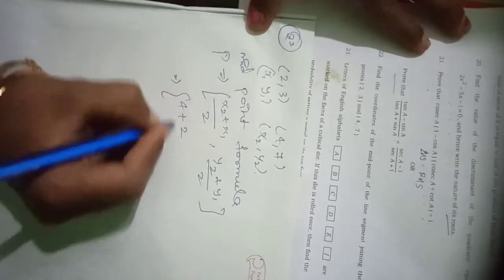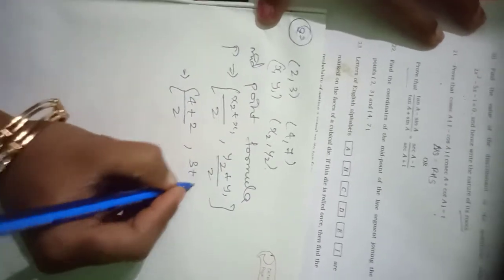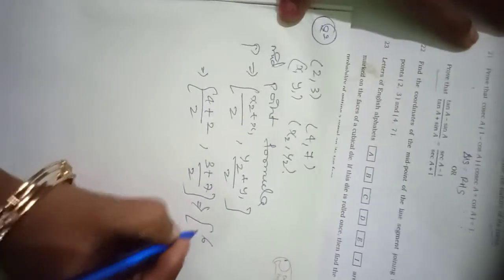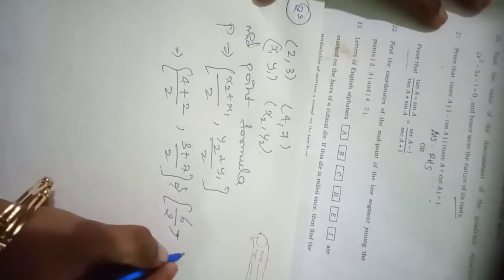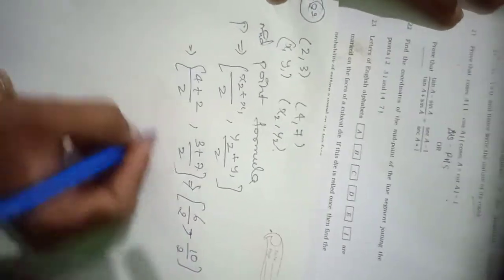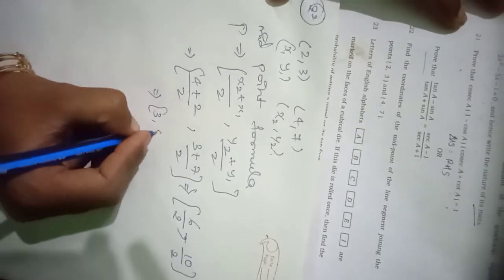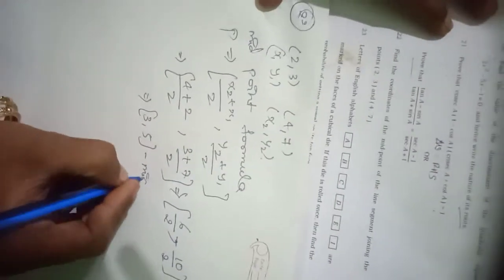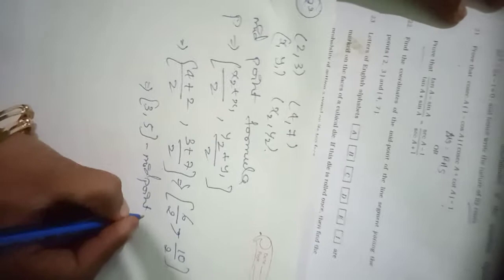Midpoint P is equal to x2 plus x1 by 2, then y2 plus y1 by 2. Just substitute: 4 plus 2 divided by 2, then 3 plus 7 by 2. We have 6 by 2 comma 10 by 2, so 3, 5. This is the midpoint.